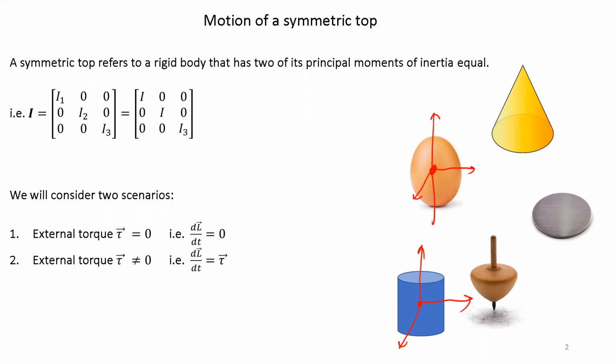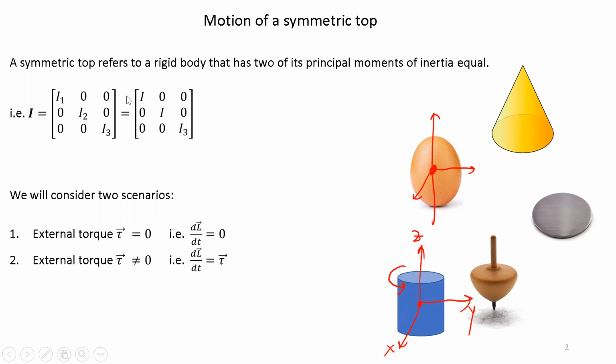And that's actually quite easy to understand, right? So let's say, for example, let's take this plate or this cylinder as an example. What is this I3? This I3 would be the moment of inertia when you try to rotate the body about this axis, this Z axis. Okay.